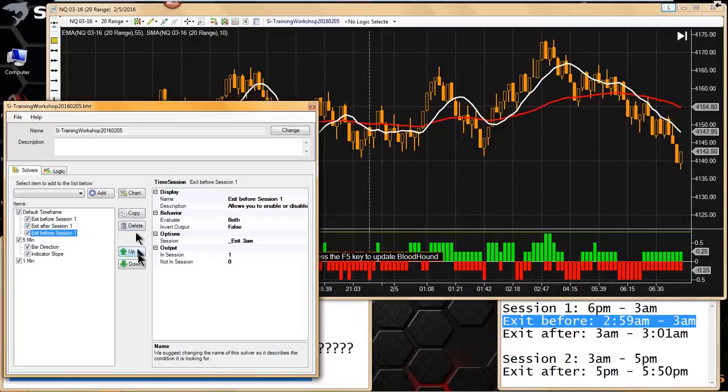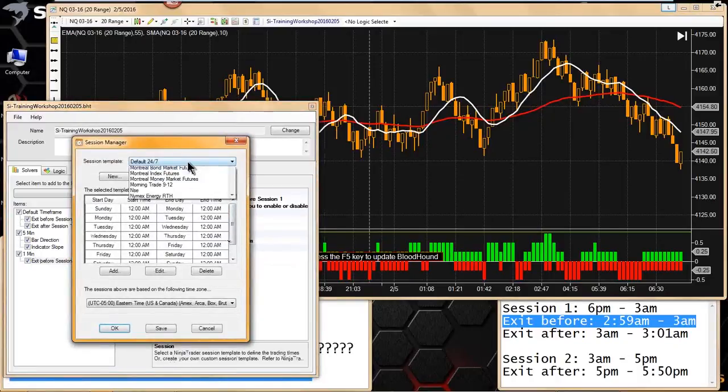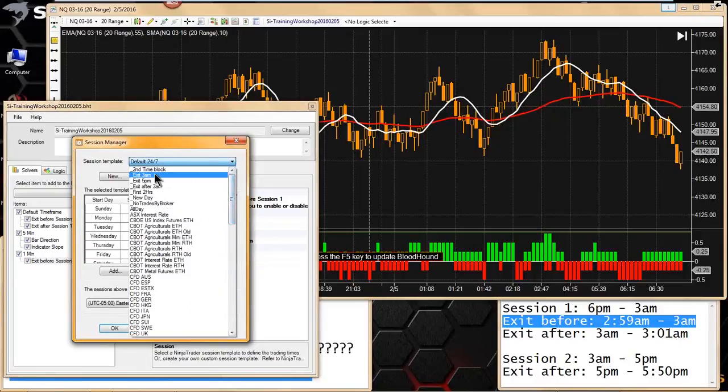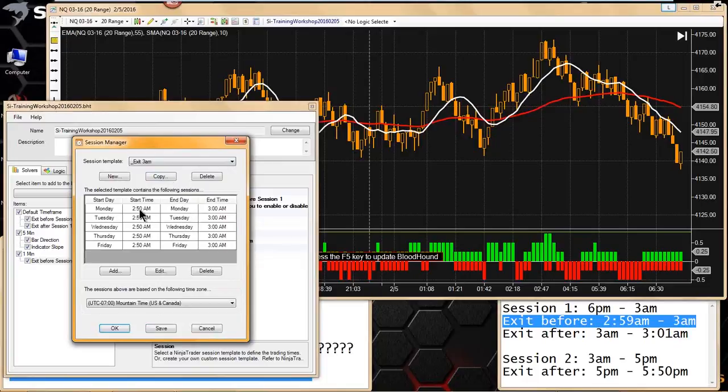Okay, so I'm going to take this time solver and move it onto the 1 minute chart. So we've got a 1 minute chart and we've got our time solver on here. This is exiting before session 1. Let's take a look at this again. We have a 10-minute window.